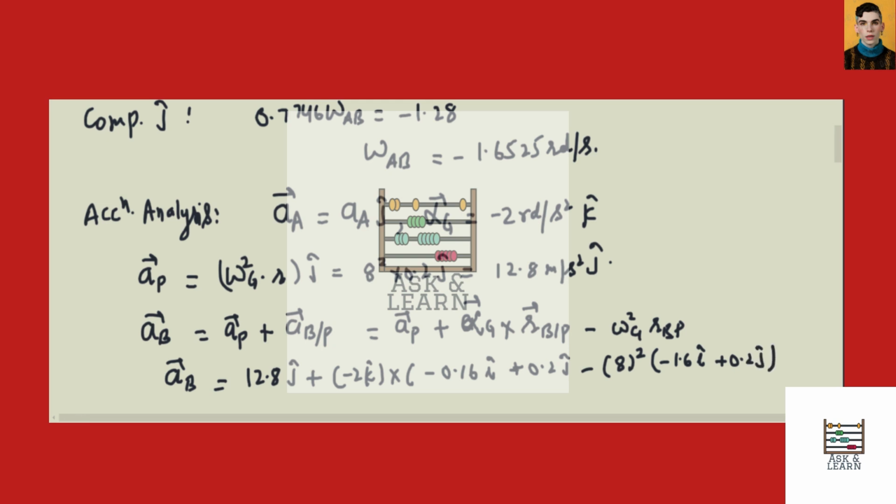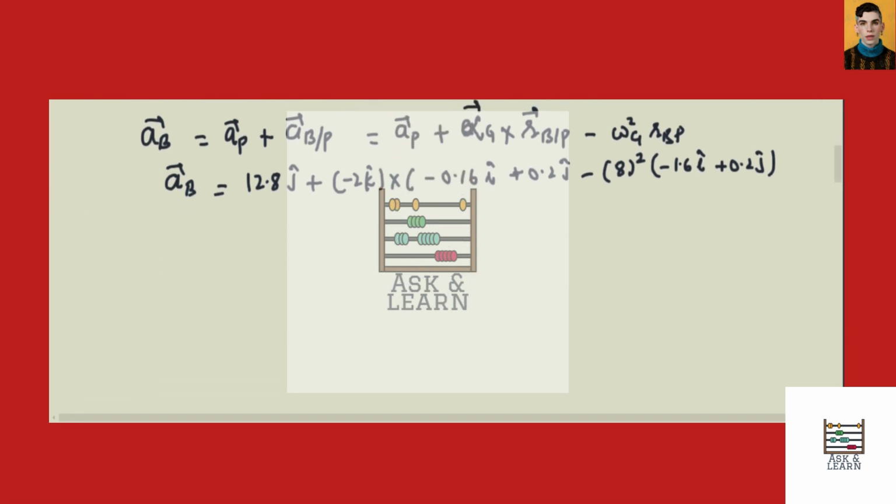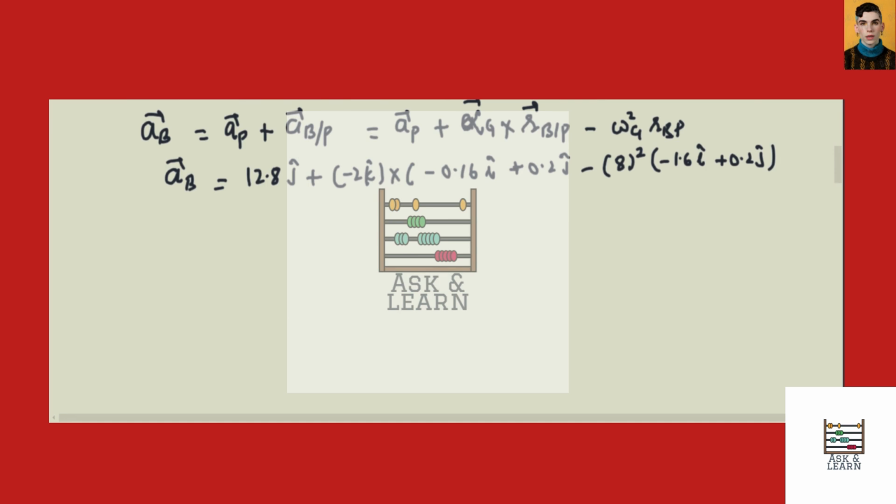On solving, the acceleration of V you will get 10.64 i cap, 0.32 j cap meter per second square.